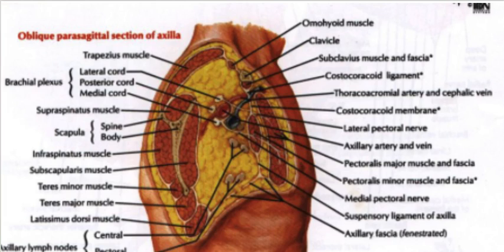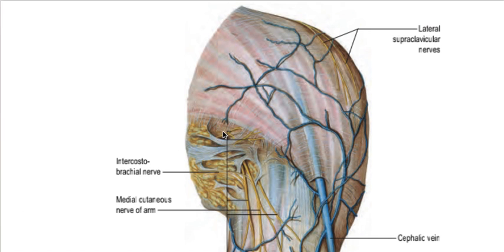Now, this is a sagittal section, I just wanted you to see, this is the base of the axilla, which is formed by the fibrofatty tissue. Here, this is again the base of the axilla, which has abundant fat.